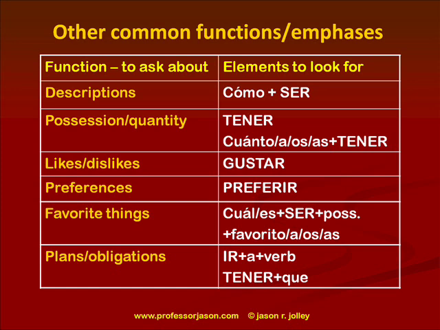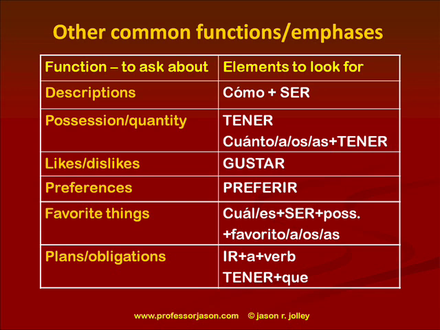We can be dealing with questions whose function is a description. We're going to hear como in a form of the verb ser. Or the question might be about possession or quantity. Or likes or dislikes. We're going to hear gustar. Preferences, what do I prefer, one thing or another? Obviously, I'll hear the verb preferir. Might be about your favorite things.